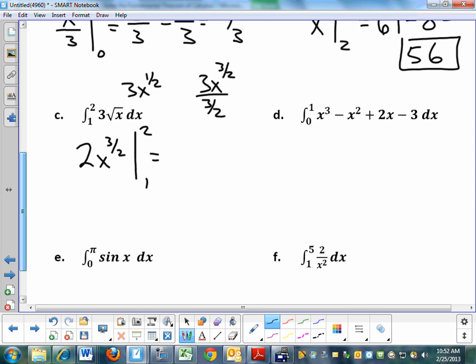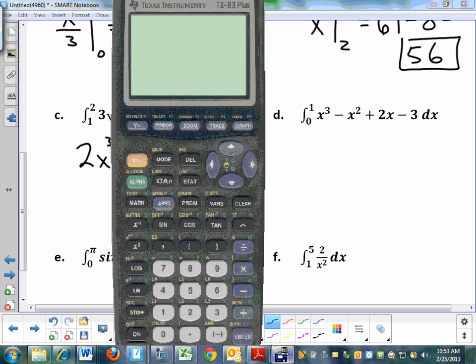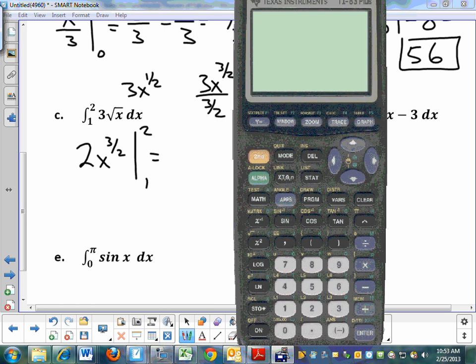Well, it's an irrational number. So, I mean, we got to take out our calculator and come up with a decimal. I'm not done with C. 2 to the parentheses 3 divided by 2, I get 2.83 times that by 2.